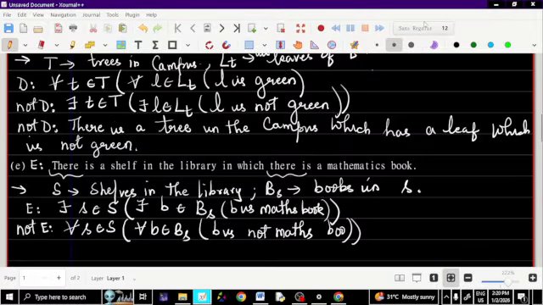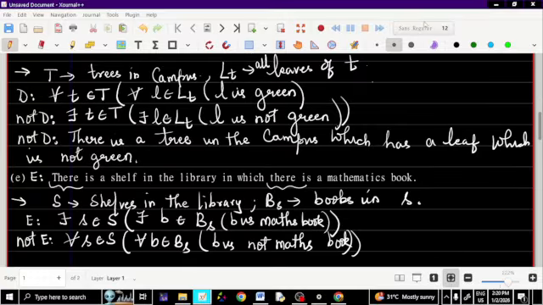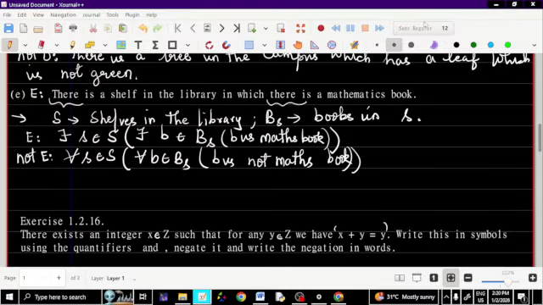C is a non-mathematics book, right? So how will you frame this now? Every shelf in the library has all non-mathematics books.